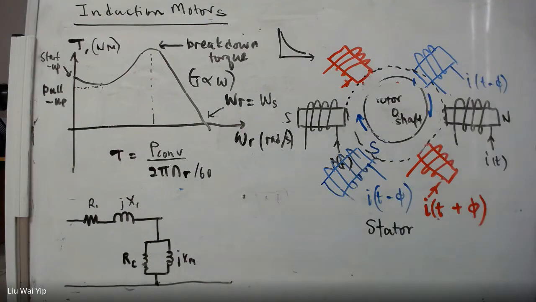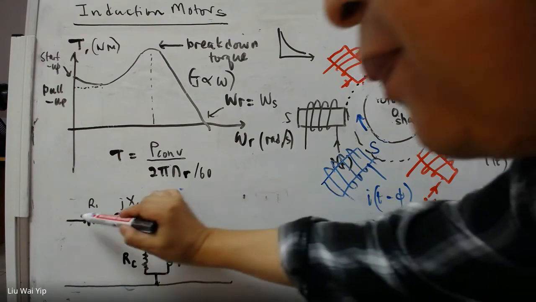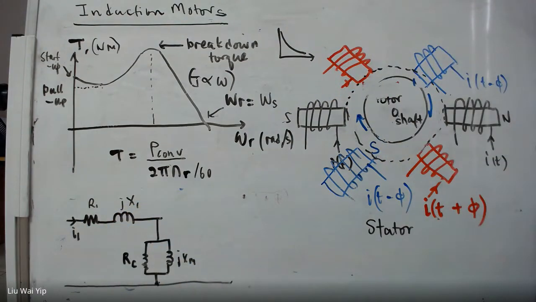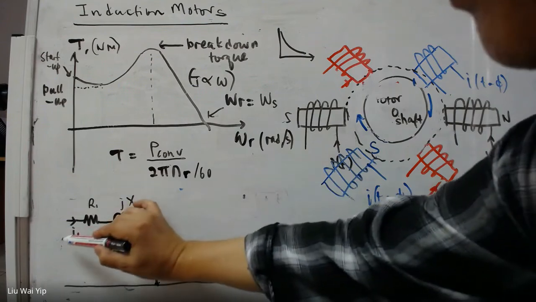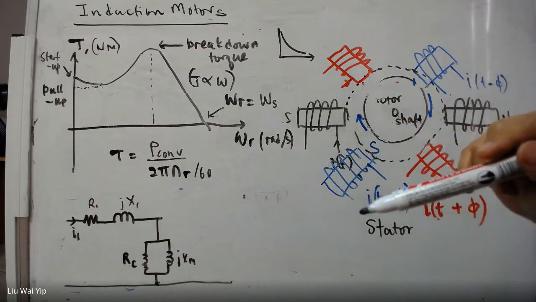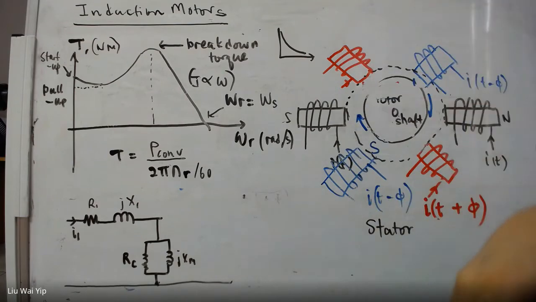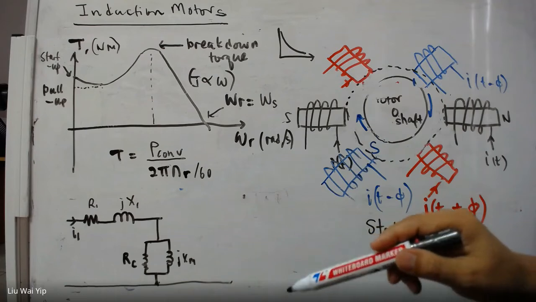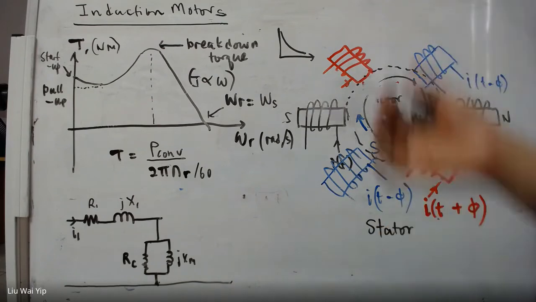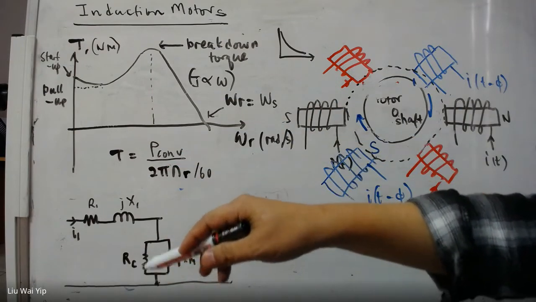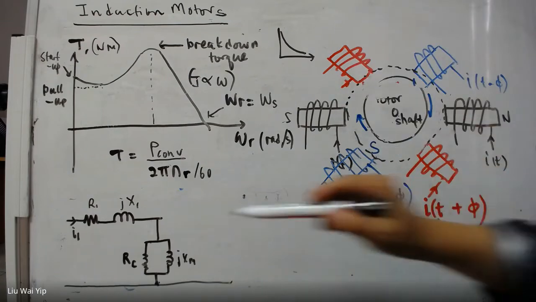And as I said before, the motor is not very much different from a transformer. So the stator here is like that, right? So this is one phase of the induction machine. The induction machine might have polyphase, but we only need to take one phase. And if we model one phase properly, then what we can get from the model will be applicable to the other phases.